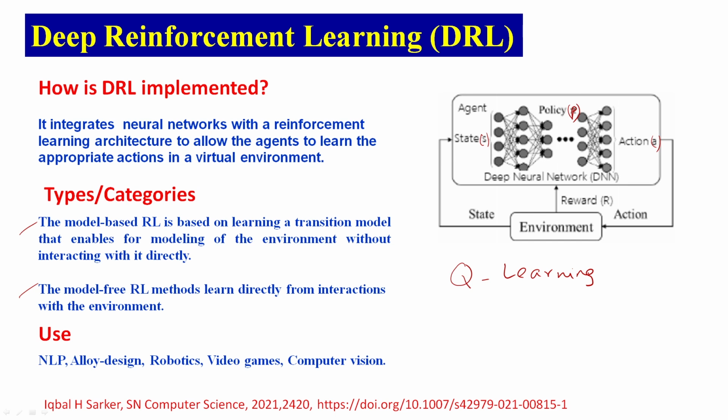It is a very popular model-free deep reinforcement learning technique for determining the best action selection policy for any Markov decision process, what is called an MDP. The Markov decision process is widely used in various kinds of deep learning methods. So, Q learning uses that.